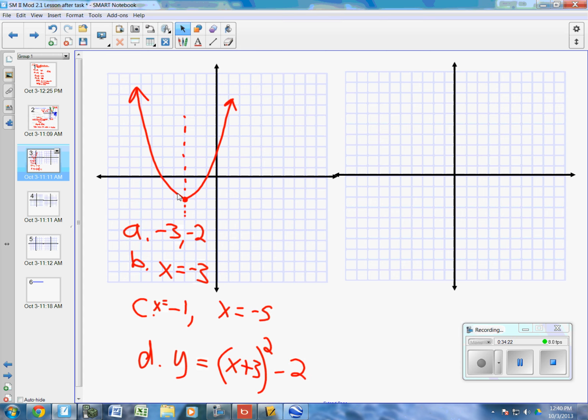How many of you had all 4 of those things right? C is the x-intercepts. Okay? So did we get them all?